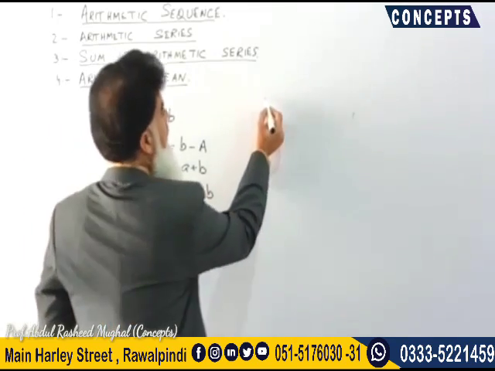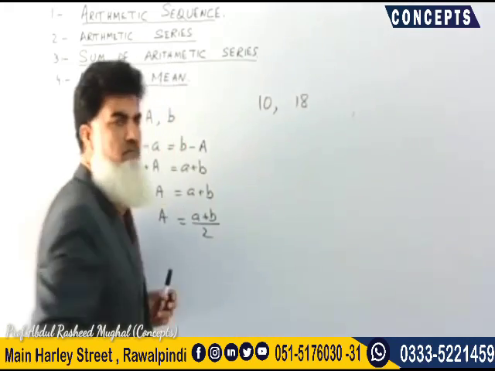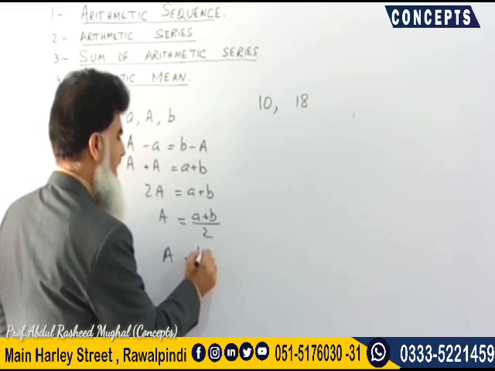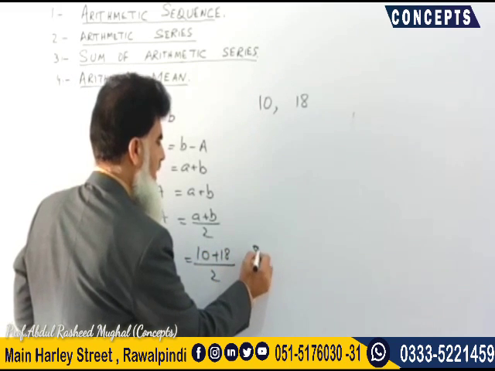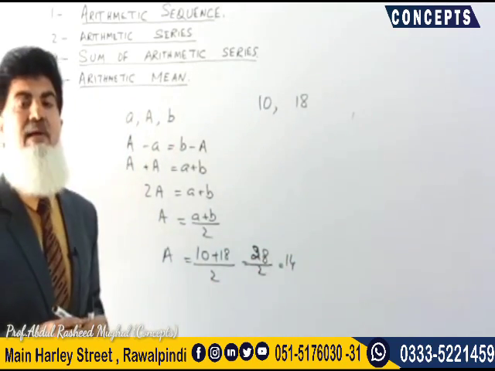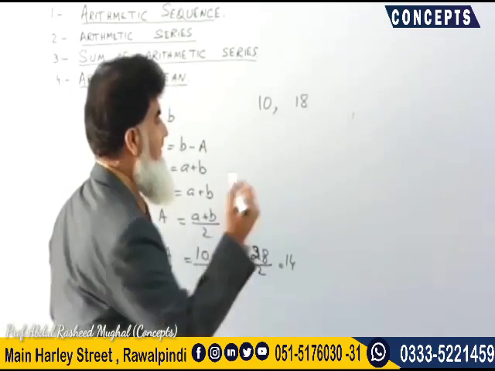For example, you want to find out the arithmetic mean between 10 and 18. It's quite simple. Just put the values: 10 plus 18 divided by 2, 28 divided by 2, that is 14. So 14 is the arithmetic mean between 10 and 18.